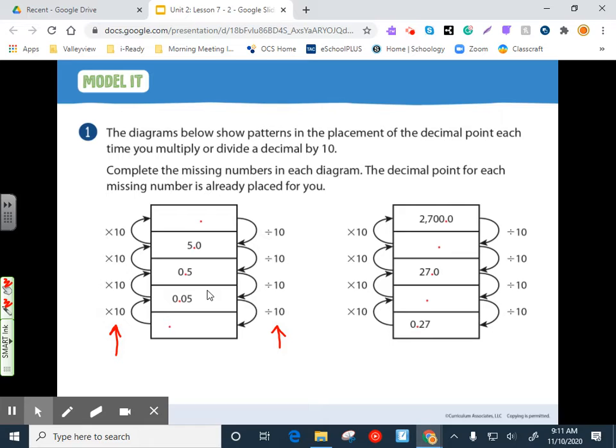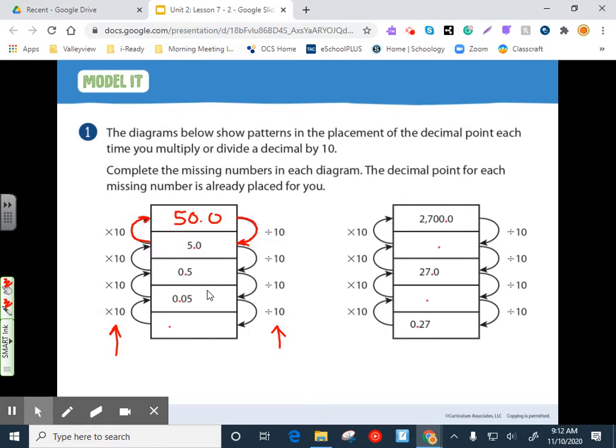So again, we're shifting our digits to the left when we're multiplying because we're making them bigger. As we're dividing, we shift them to the right. So you can look at either direction. You could look at this arrow here, or you could predict what it was to make it this size. So this would be 50.0.